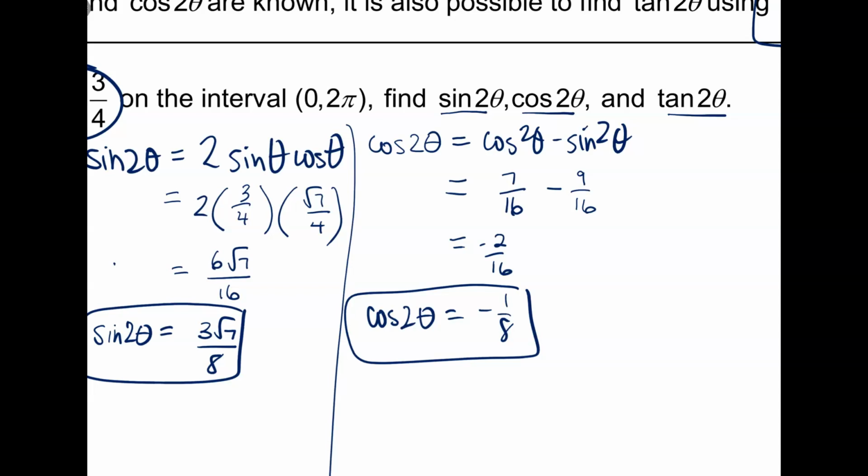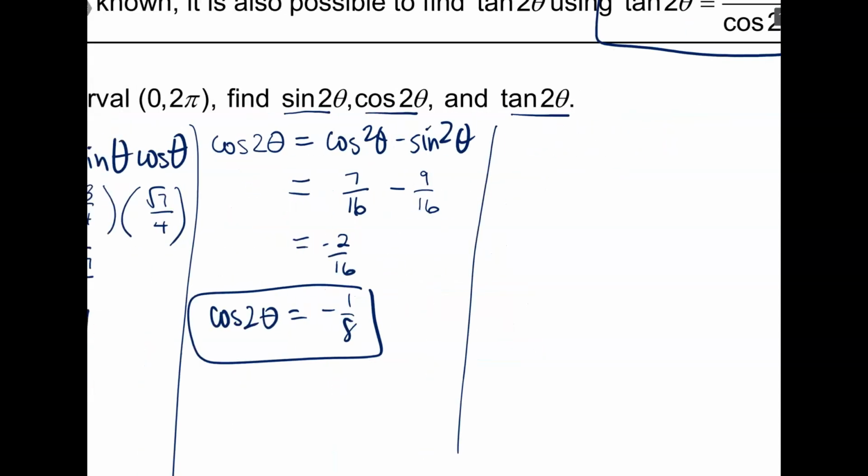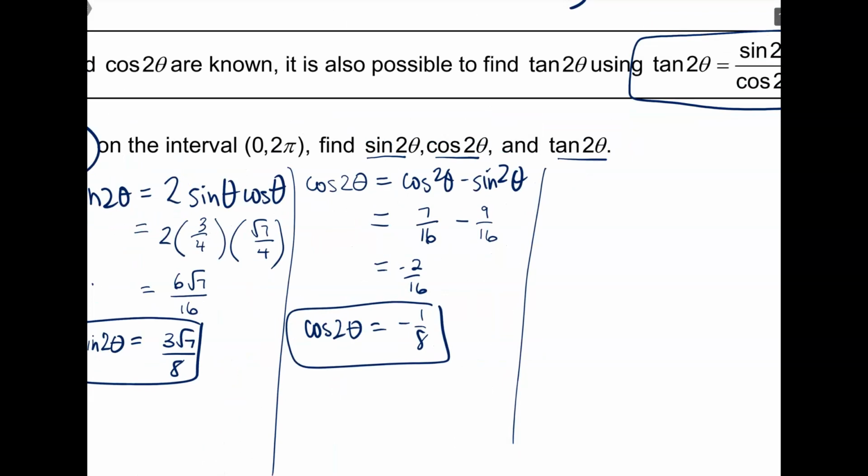Awesome. And lastly, we have to find tangent of my double angle. I'm just going to use the easiest one right here. Because I have sine of the double angle and cosine of the double angle, tangent of my double angle is going to be sine of my double angle over cosine of my double angle.